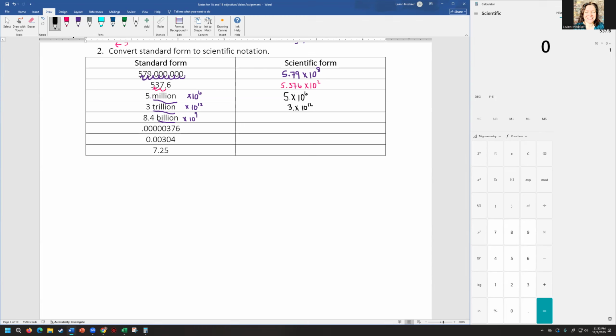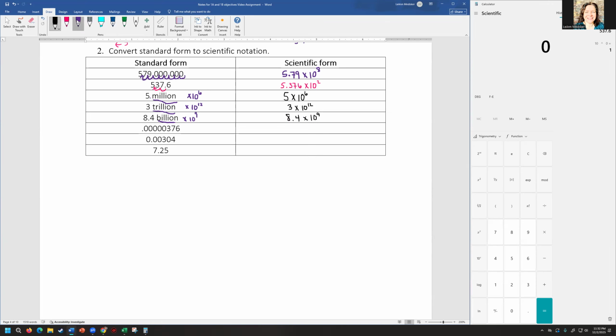And again, this is proper form because the 3 has the decimal right behind it. You don't have to fill in the decimal there. I'm just showcasing that. And then we have 8.4. So this one I would keep the decimal since it was in it. And that's billion. So that's going to be times 10 to the 9th. And again, on all of these basic ones, they already are in proper scientific notation, because there's a single digit 1 to 9 in front of the decimal place.